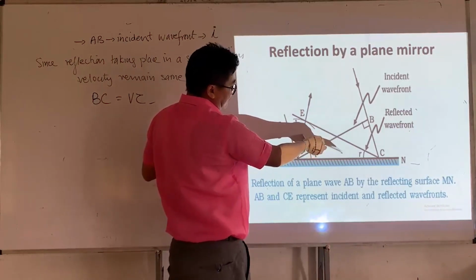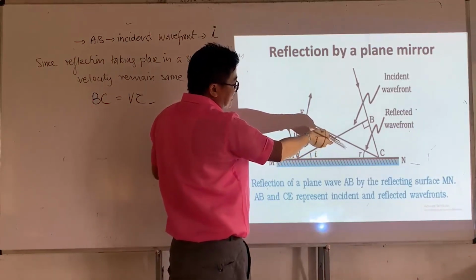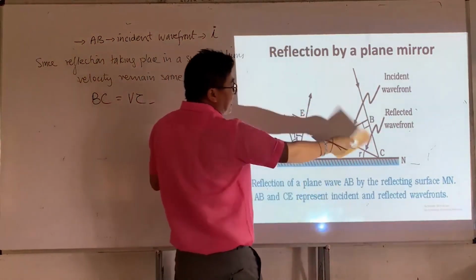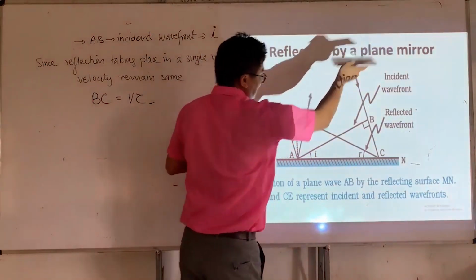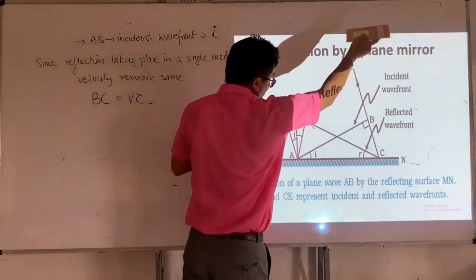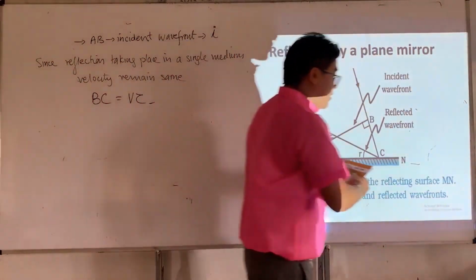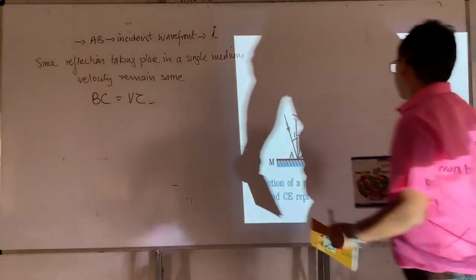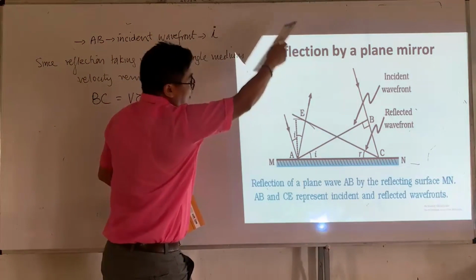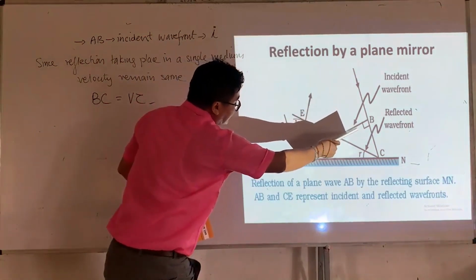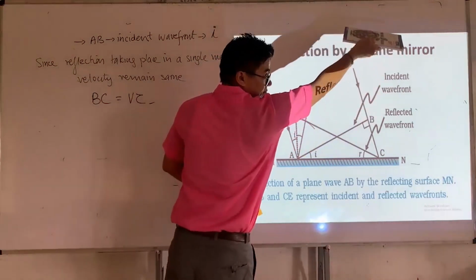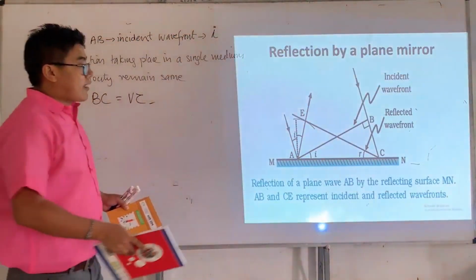It goes like this, and once the other point is incident on C, it all goes like this. Look here, I have a bigger book. The light is incident and goes like this. Again I am repeating.